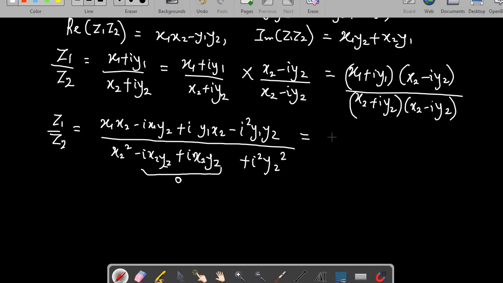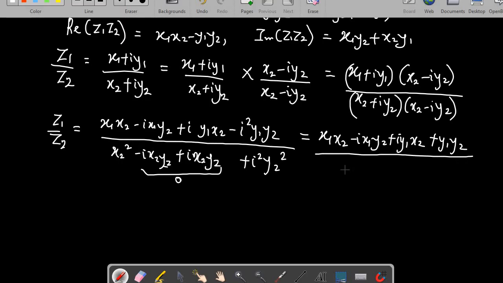Now this will be equal to, your numerator now would be x1 x2 minus i x1 y2 plus i y1 x2. Now i squared, don't forget, is minus 1, and you have a negative here, so minus 1 times minus 1 times minus, basically, which is plus 1. That's just plus y1 y2, okay, over x2 squared.